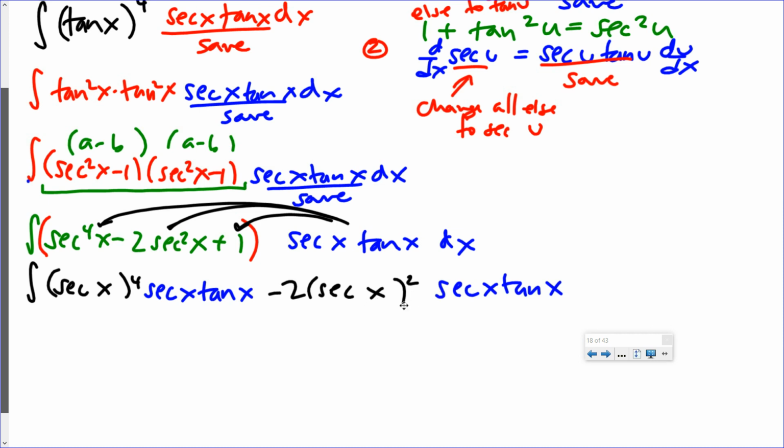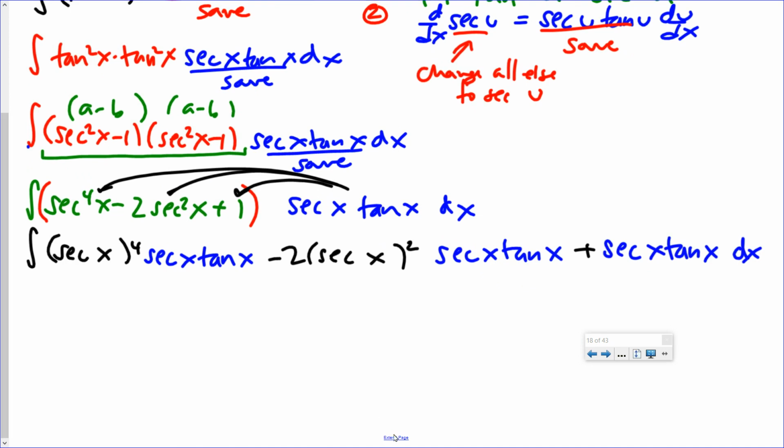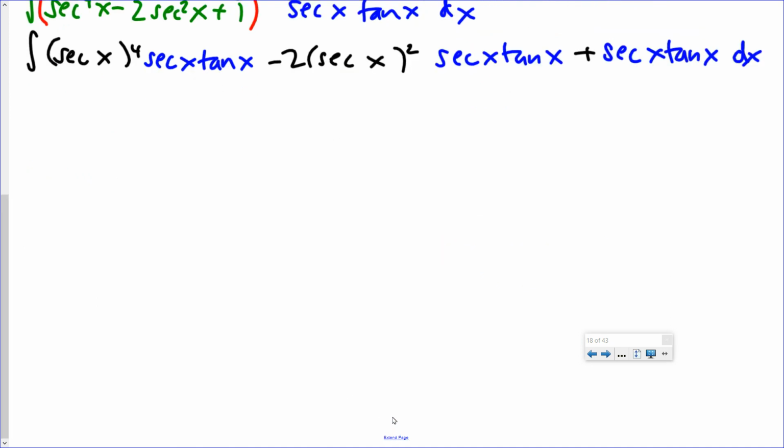It'll give you problems if you do. The whole thing was saving the secant tangent. And then finally, the last term, when I multiply secant x tangent x by 1, I just get, again, secant x tangent x dx. So all of this is getting integrated. So I thought I got to do one problem, but oh boy, I get to do three. That's so much fun. Can't wait.